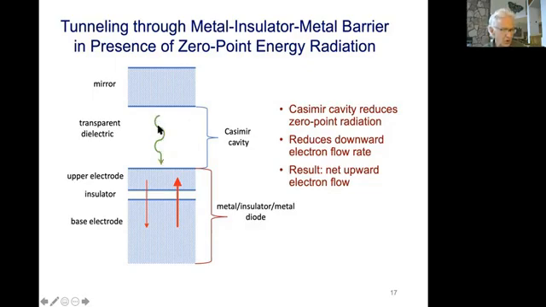And so therefore, we're now going to have less radiation coming in. We'll reduce the current going this way, but perhaps the current going the other way will remain the same. And in that way, we might get a net flow of current from the base electrode to the upper electrode.